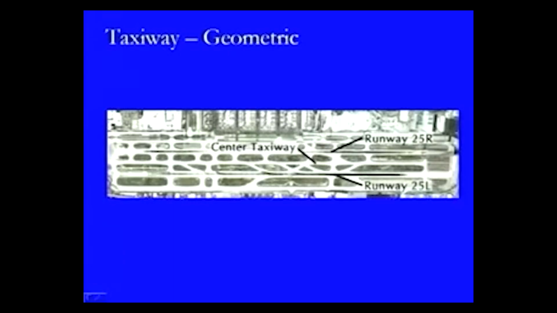It means the aircraft which is coming from this direction as a landing can go away from this point or from this point to the taxiway, or if it is coming from this direction, then similarly it can go from this point or this point or this point to the taxiway.